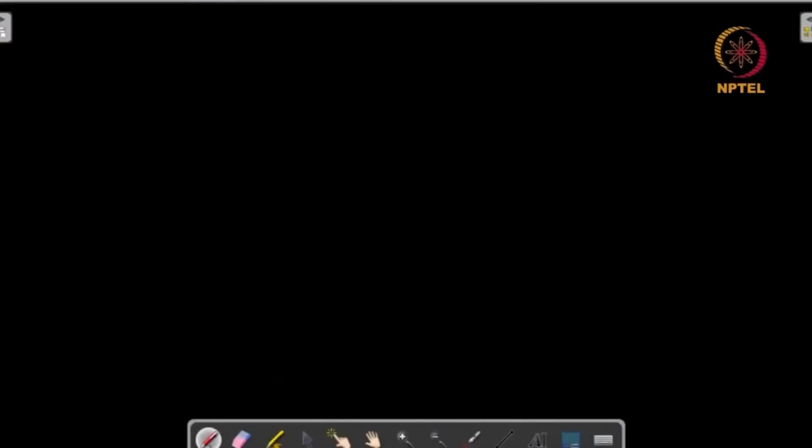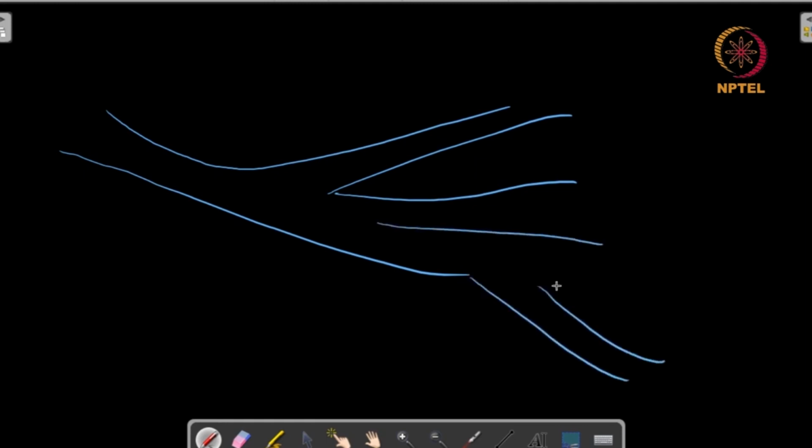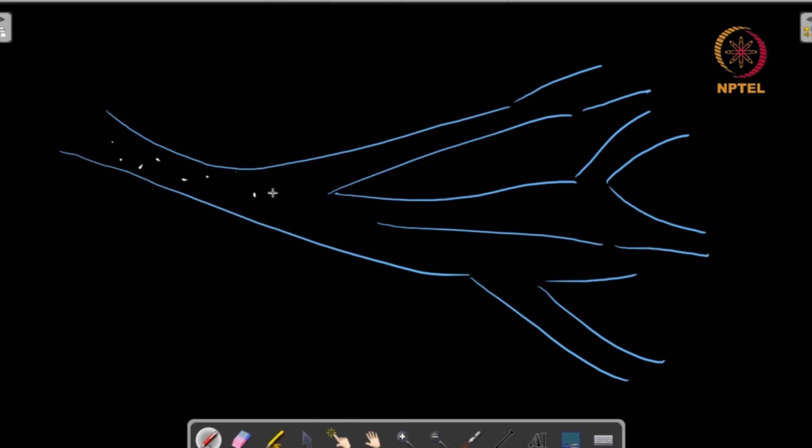Consider a delta. In a delta you have a river that is breaking into its distributaries and depositing the sediments. The sediments that this river was bringing are getting deposited when it reaches the sea.